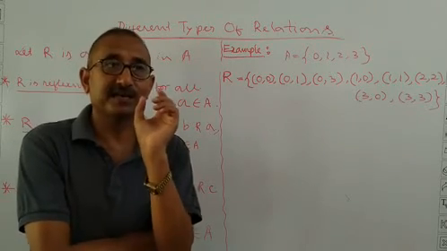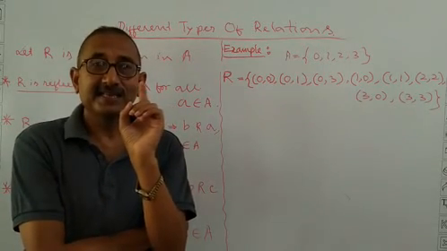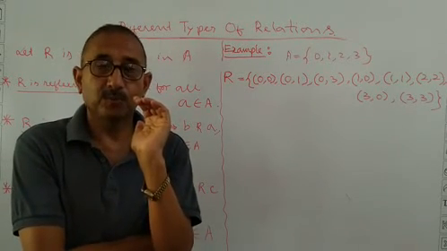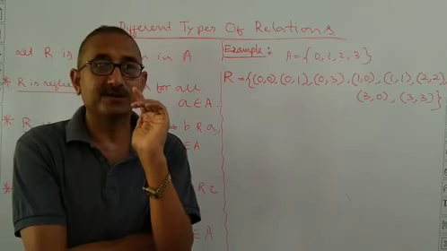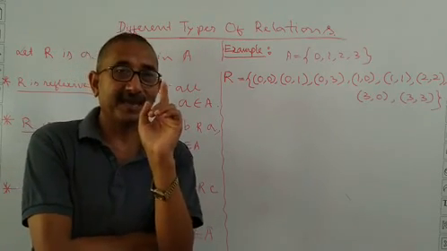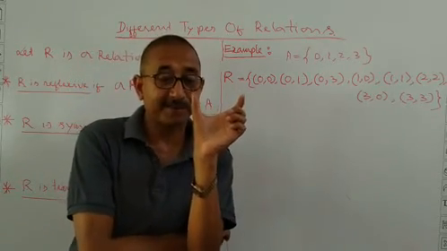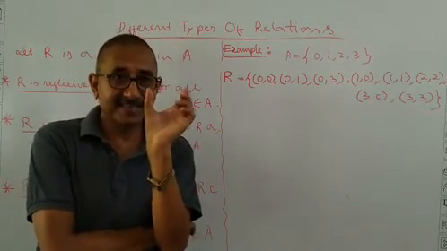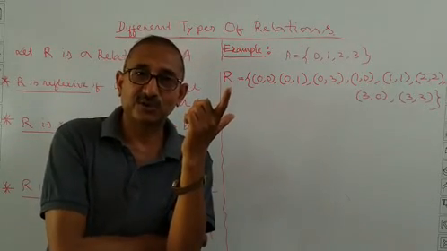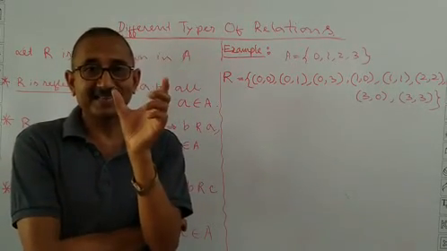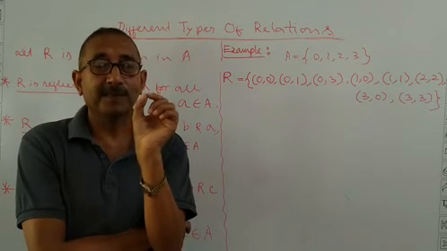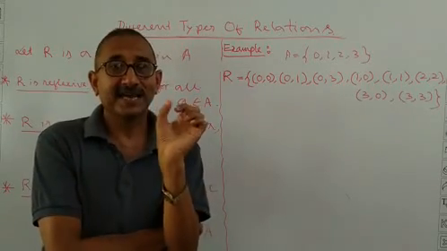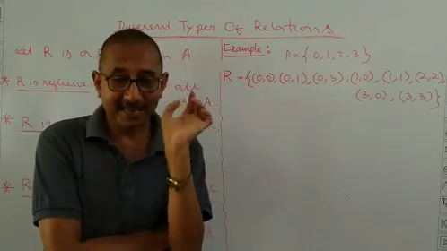Now we'll see if we are given a relation in a set A. While learning a relation, we learn a relation from A to B, where there are 2 sets, A and B. But now when I say a relation in A, the first set is also A and the second set is also A. So instead of saying a relation R from set A to set A, we say it is a relation in A.